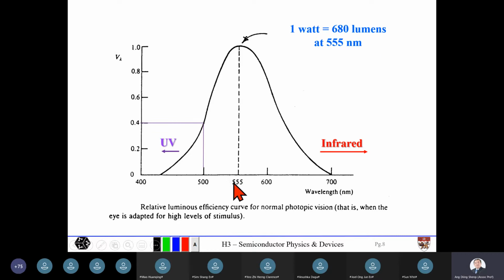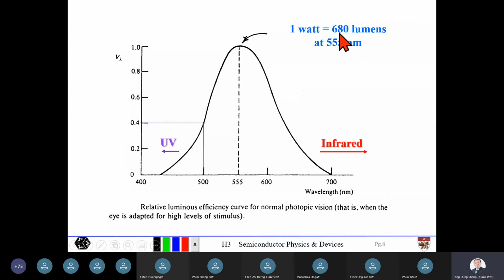So below 555, if you go to 500 nanometer, what does this 0.4 mean? 0.4 means that 1 watt of light energy at 500 nanometer would be equivalent to 0.4 times 680 lumens, which is 272 lumens.